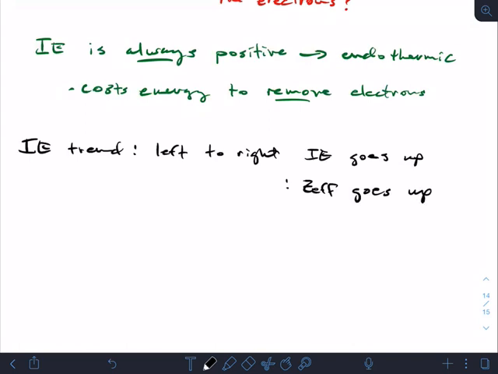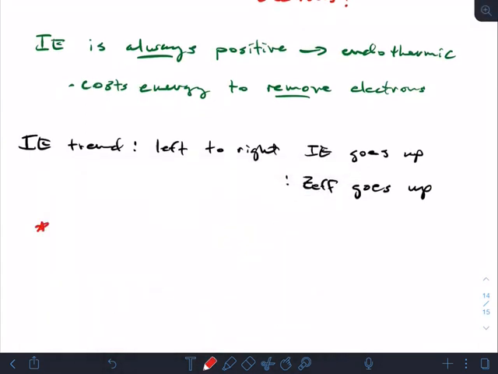Now Z effective, remember, is how tightly electrons are being held to the nucleus. So as Z effective goes up, that attraction increases. That also means that the atom is holding on tighter to its electrons, so it costs more energy to pull electrons off. And that is a big important thing.